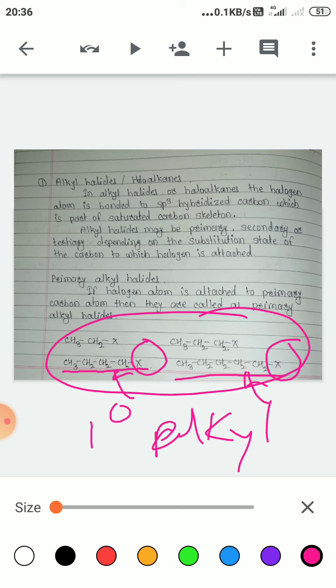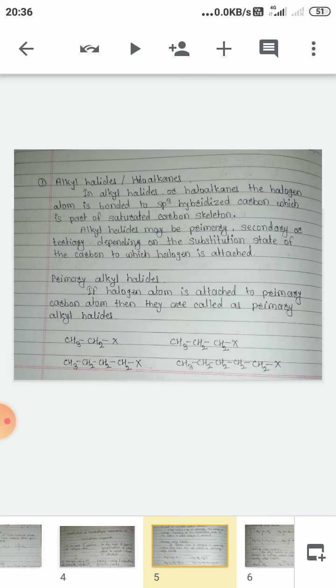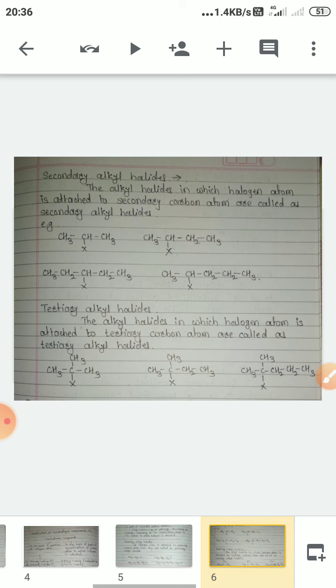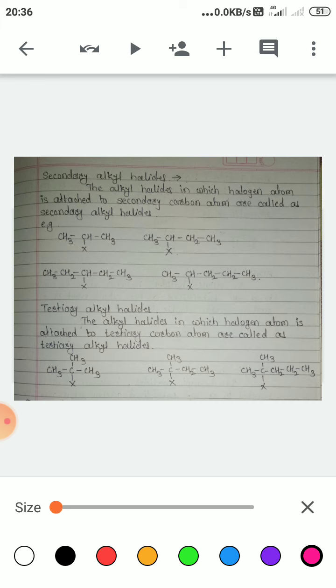Now we are going to see the next one, secondary alkyl halides. Now in secondary alkyl halides, what we have to remember is that an alkyl halide in which the halogen atom is attached to a secondary carbon atom is called a secondary alkyl halide.